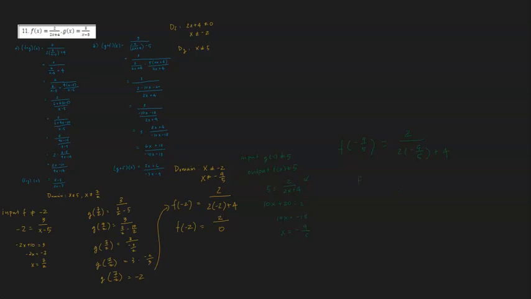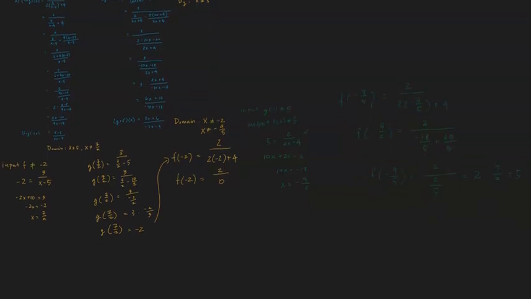So f of negative 9 over 5 equals 2 over negative 18 over 5 plus 20 over 5, which equals 2 over 2 over 5, which equals 2 times 5 over 2, which equals 5.